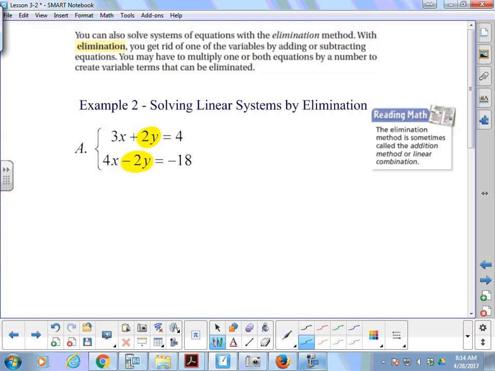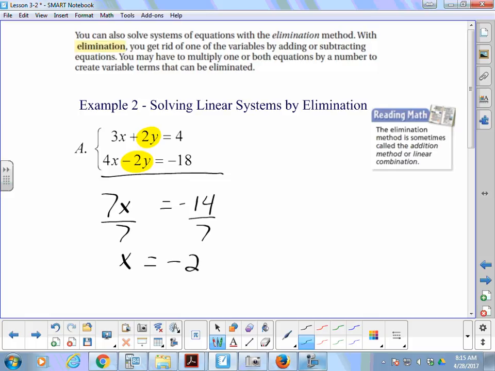So if I add these together, I get 7x, and 2y minus 2y is 0, so I don't even need the y, equals negative 14. So we divide by 7, x equals negative 2. Right.